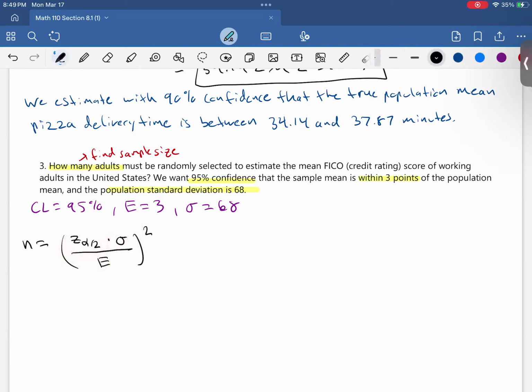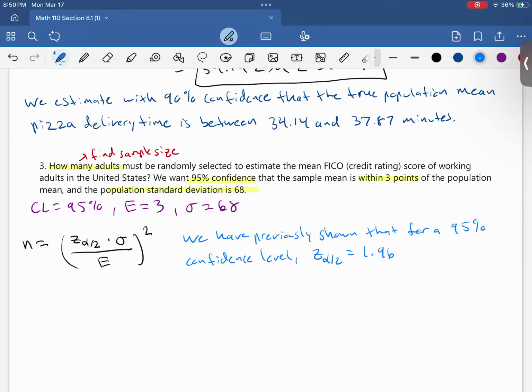But we have also found this critical value for a 95% confidence level. So I'll say we have previously shown that for a 95% confidence level, we have a critical value to be 1.96.